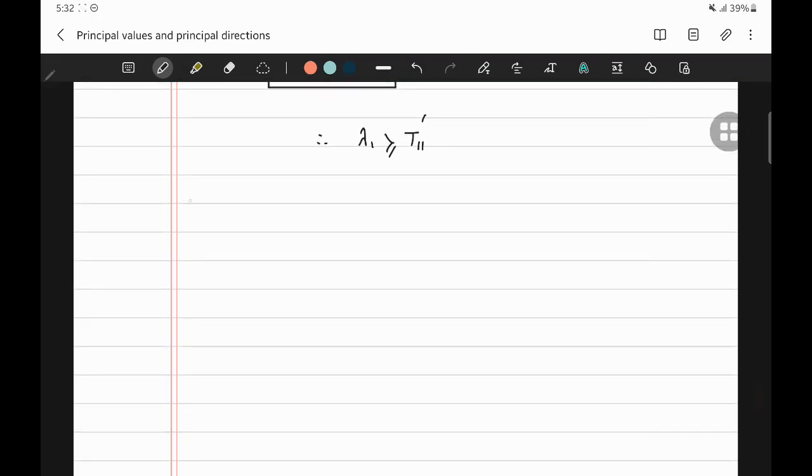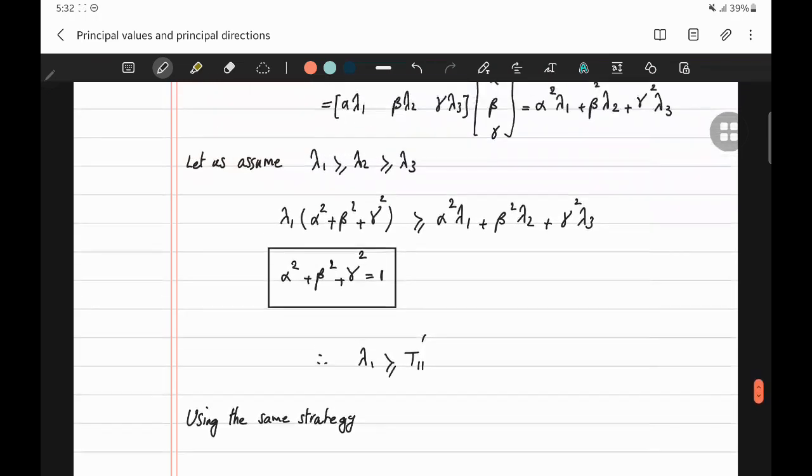And using the same strategy, you can write this lambda 3 here times this value.